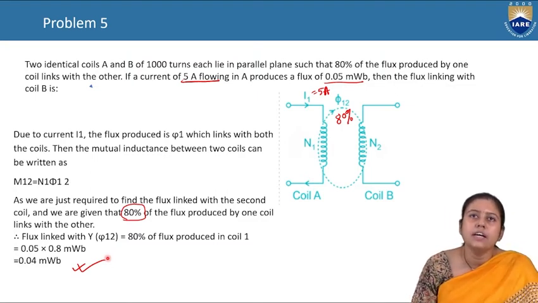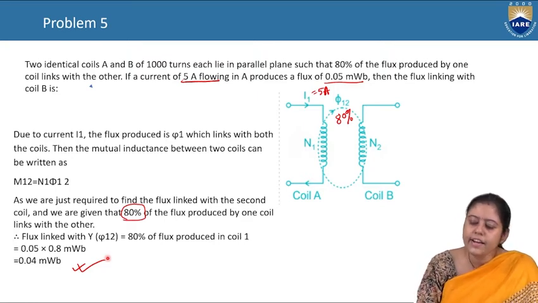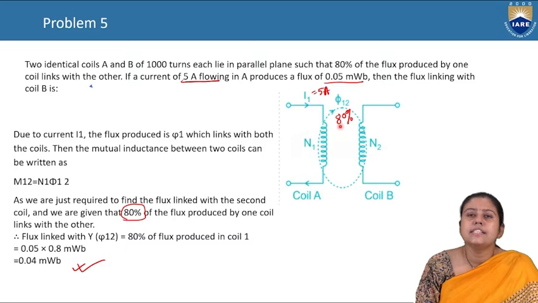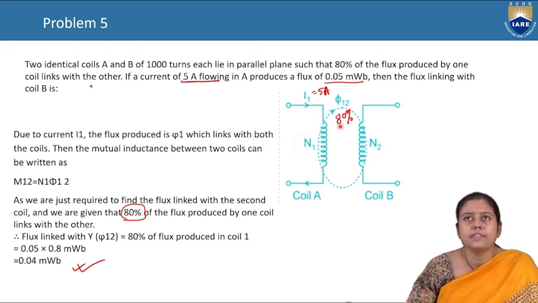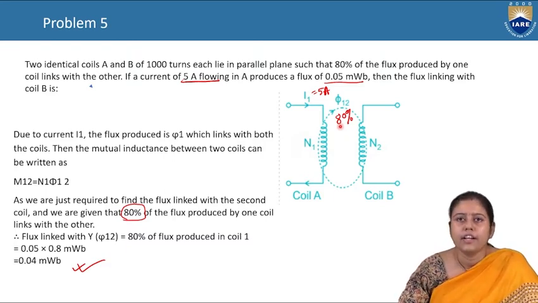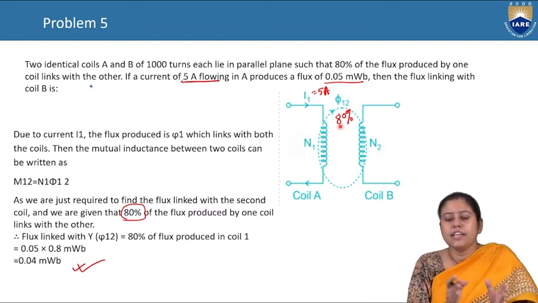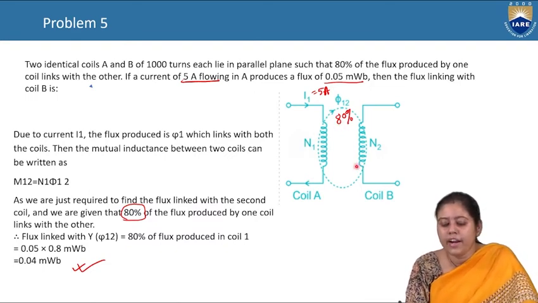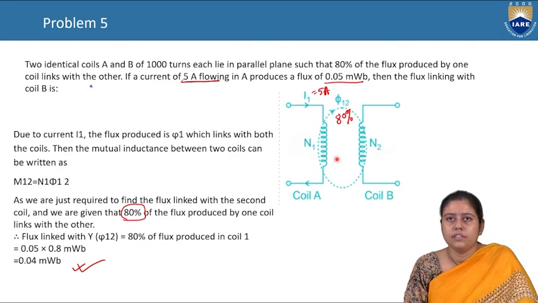So this is problem number 5, and you can see this is the main working principle of the transformer. Flux linking in one coil will link to the second coil.